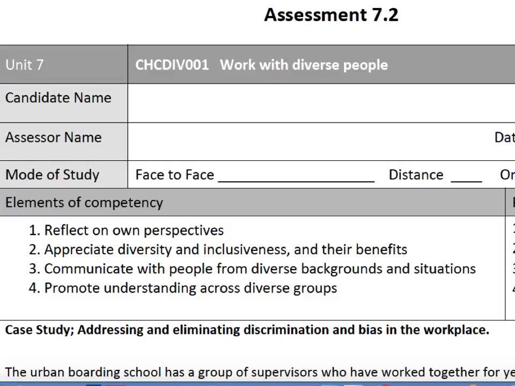If you pulled out 7.2 and had a look at it, you'd see that there's a scenario here in an urban boarding school where a group of supervisors have worked together for a long time and they're very culturally the same, but along comes a new staff worker who is from a very different cultural background, and they don't understand her, and they inadvertently mostly tend to put barriers up for her being included as an equal in the workplace.